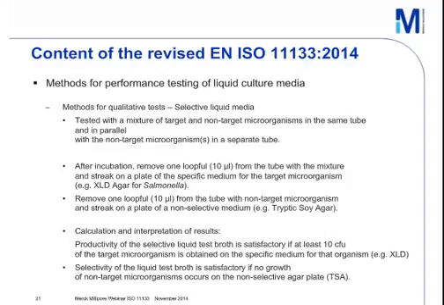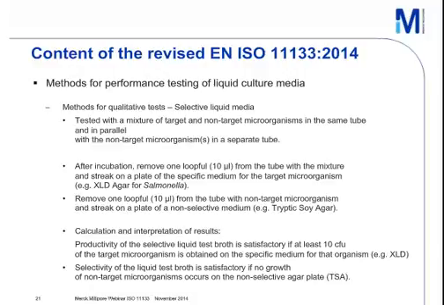For qualitative testing of the selective liquid media, a mixture of target and non-target microorganisms is used. This mixture is inoculated in the same tube, and in parallel a second tube is used only for the non-target microorganisms.